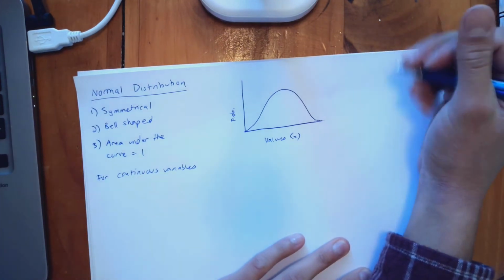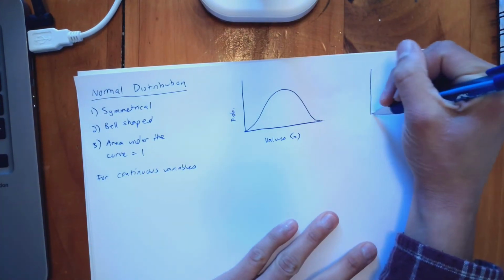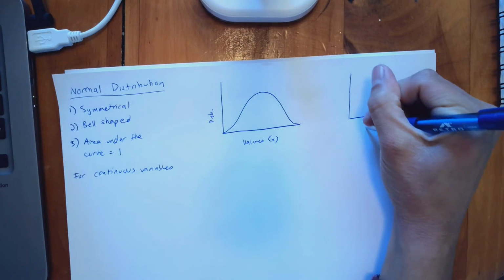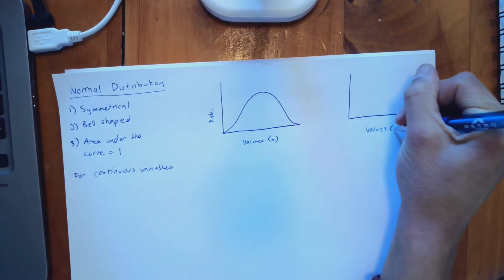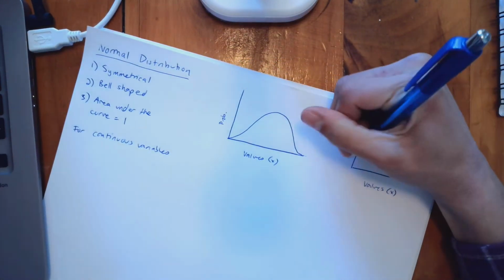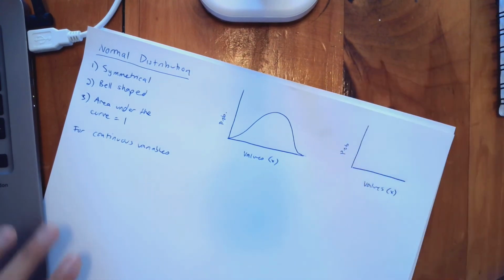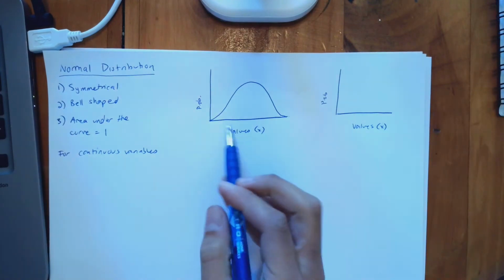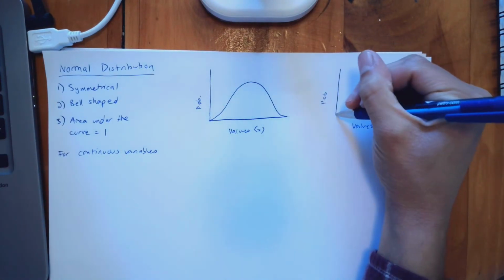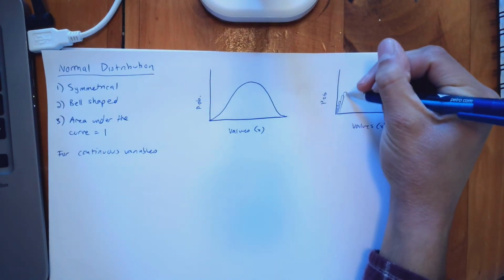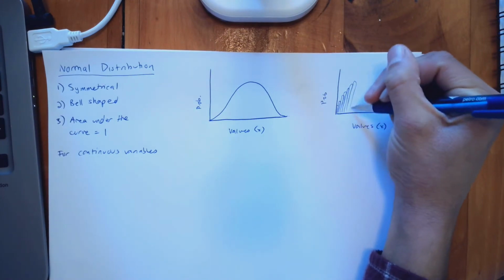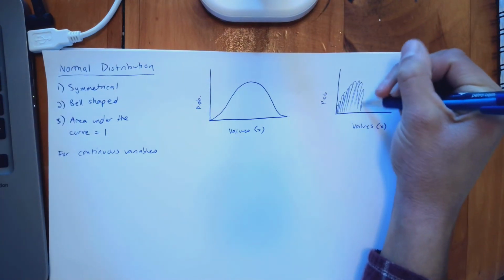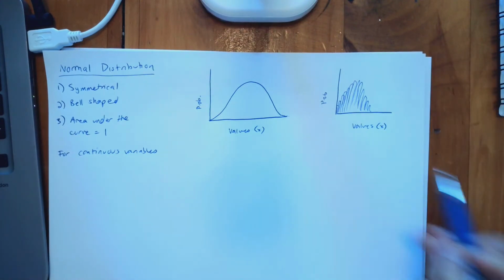So to get back to my point, last time we said that when you think about the graph of a probability distribution, you can think about the bars in that probability distribution as adding up to 1. With a normal distribution, even though we're looking at a smooth curve here, you can kind of think about it as being made up of many little bars.